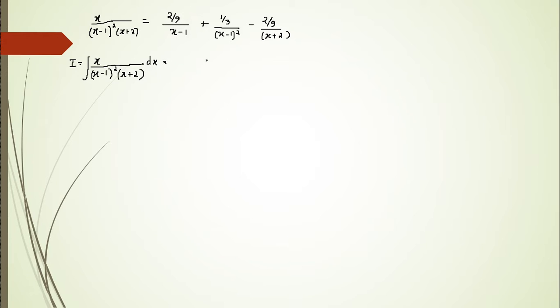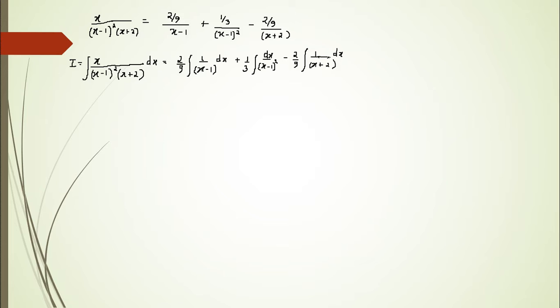This can be written as 2 by 9, the constant, so I take it out of the integral, 1 by x minus 1 dx, plus 1 by 3 integral 1 by x minus 1 whole square dx, minus 2 by 9 integral 1 by x plus 2 dx.